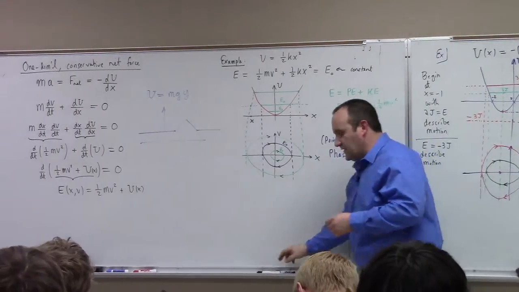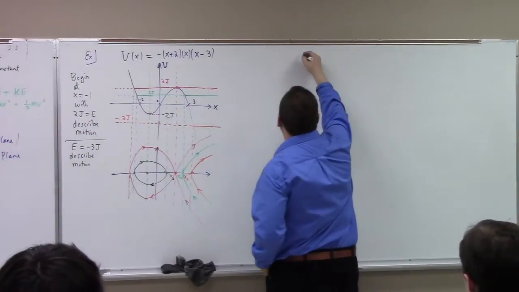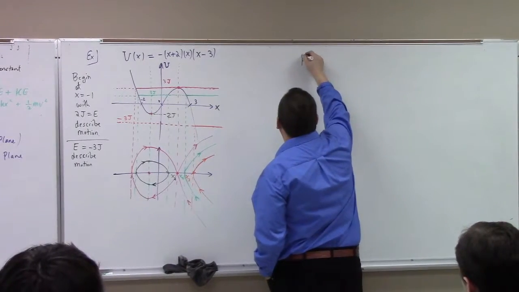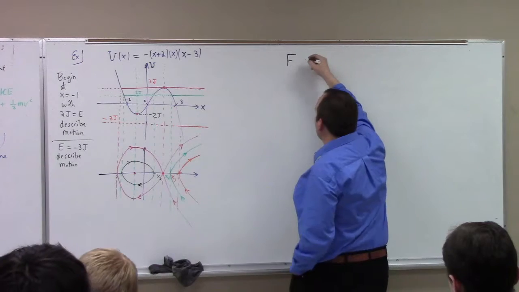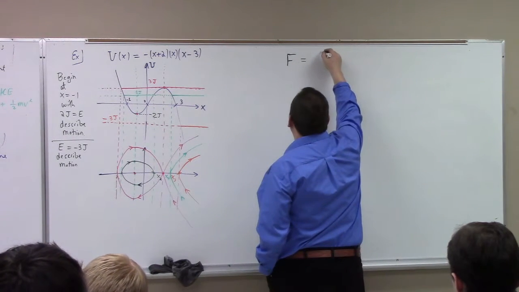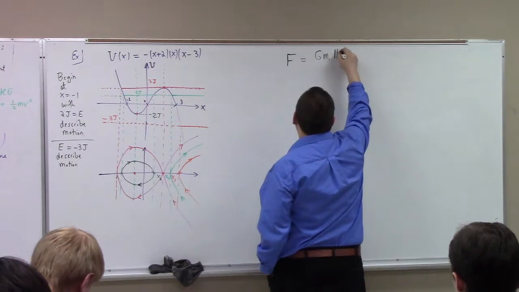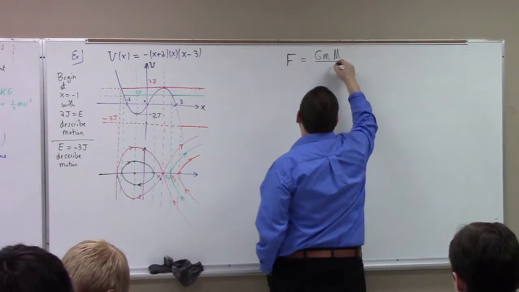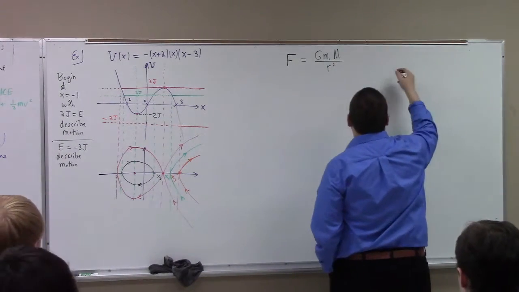What's the potential energy? This is an example we haven't talked about yet, the force of gravity. We'll spend some time talking about this, so I'm just starting the discussion. Newton's universal law of gravitation states that the force of gravity is G m1 M over r squared. I'm just keeping it simple for today.